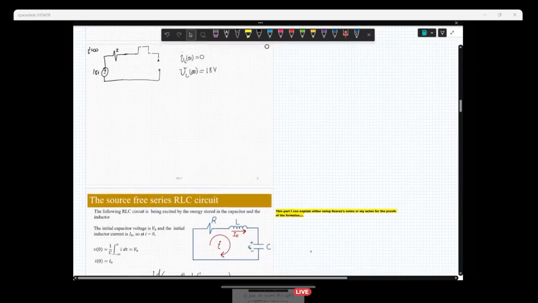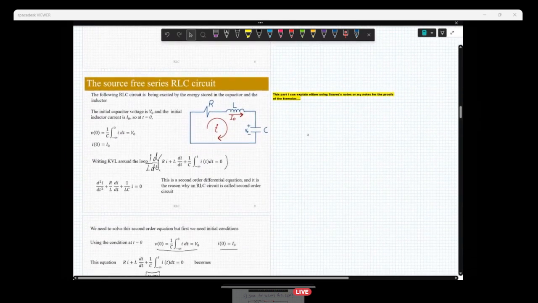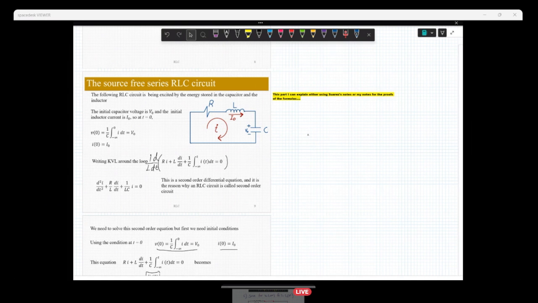Now the next part. A few things I need to cover about this will be differential equations. When you have a second order differential equation, you will have 2 initial values. For first order, you only had 1 initial value.